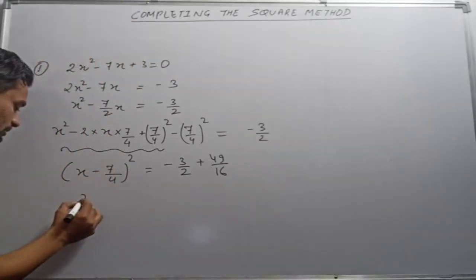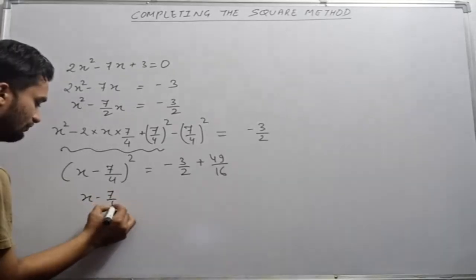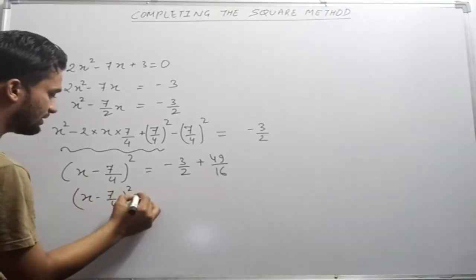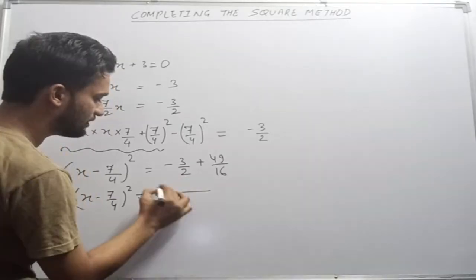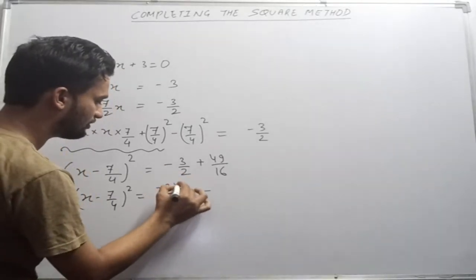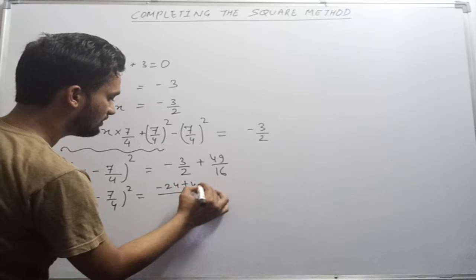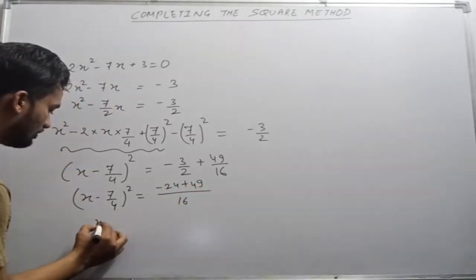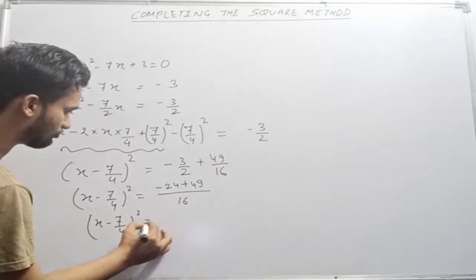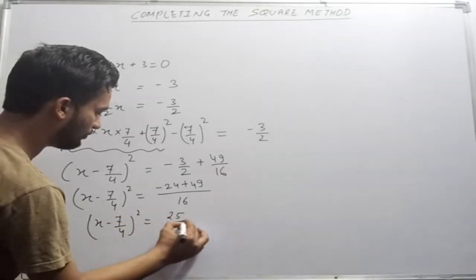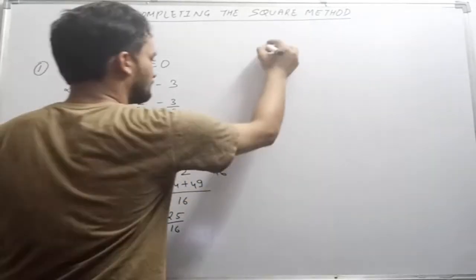Now x minus 7 by 4 whole square is equal to, further we'll solve, this will be 16, 2 8s are 16, 8 3s are 24, minus 24 plus 16 is 1, and this will be 49. So x minus 7 by 4 whole square is equal to 25 upon 16.